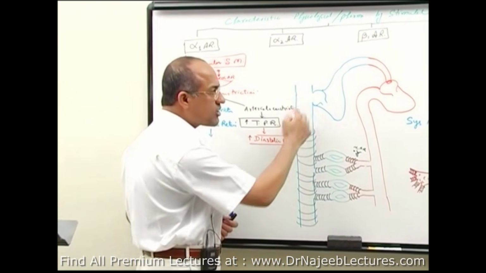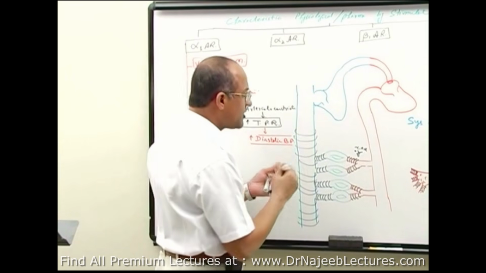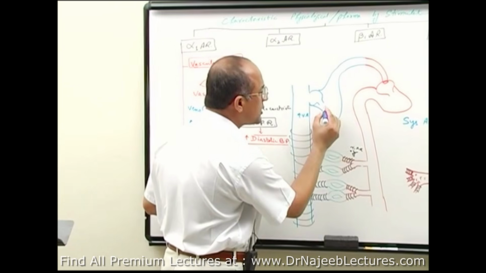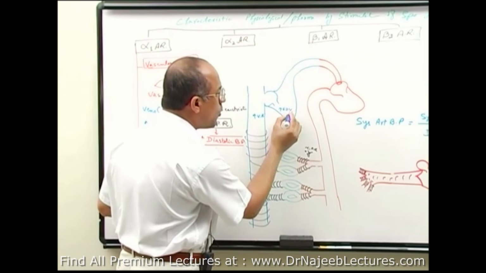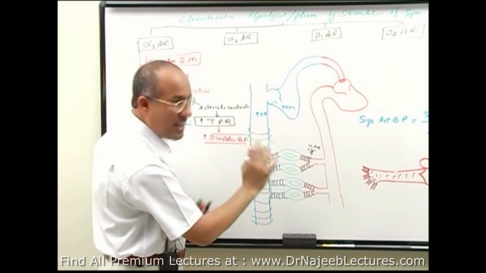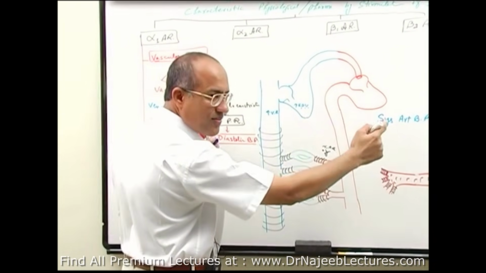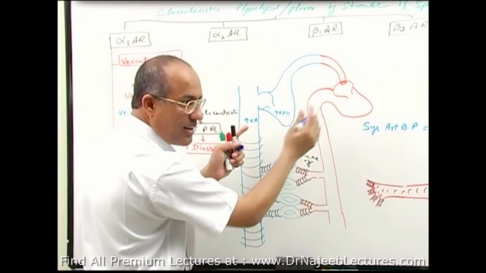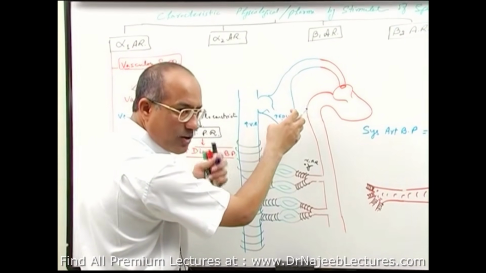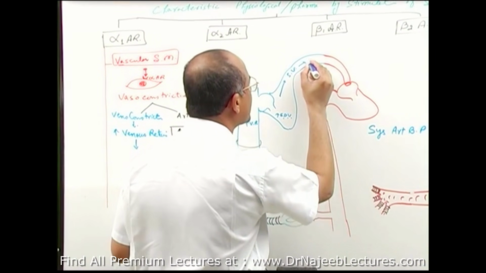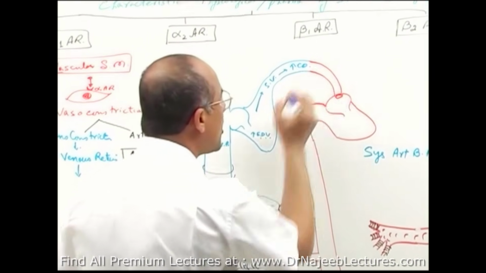So when there is increased venous return, that will lead to increased end diastolic volume. At the end of diastole, there will be more blood filling here, and that will lead to increased stretch on the myocardium, and by Frank-Starling law there will be increased myocardial contraction, increased stroke volume, and increased cardiac output.